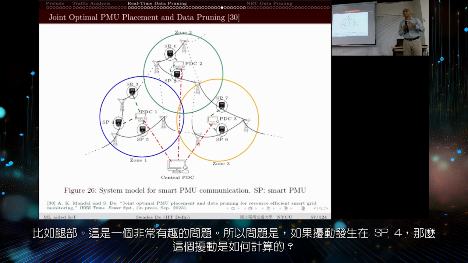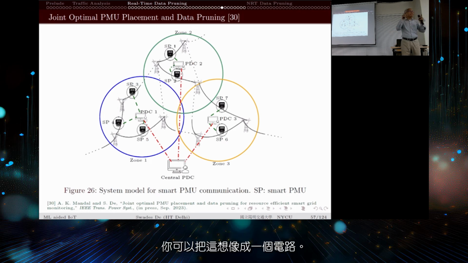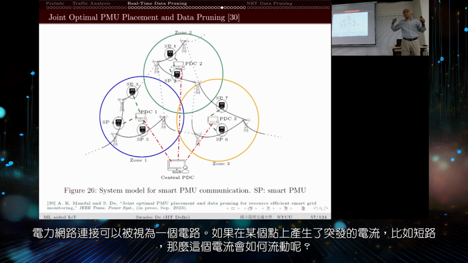The other problem that is of interest to me is, if a disturbance is happening, let's say at SP4, how does the disturbance percolate? You can imagine power grid connectivity as an electrical circuit.